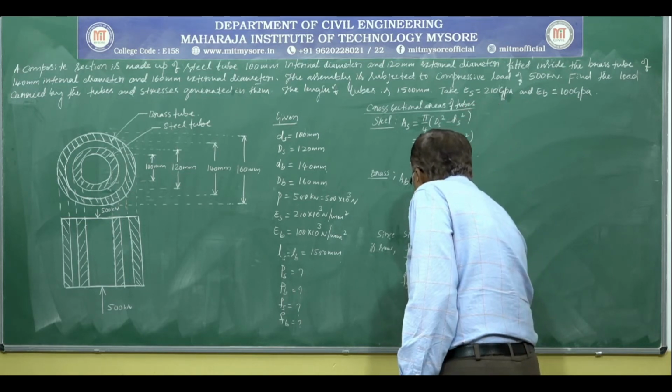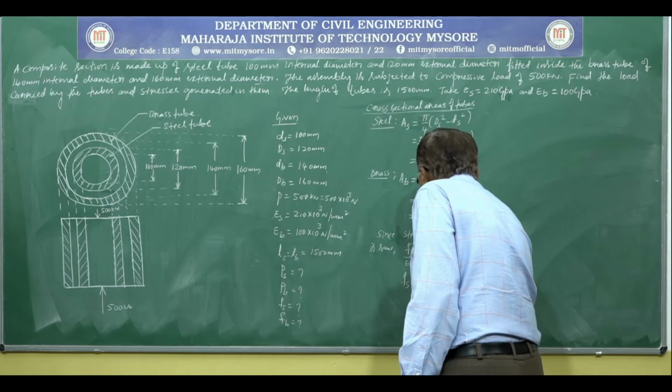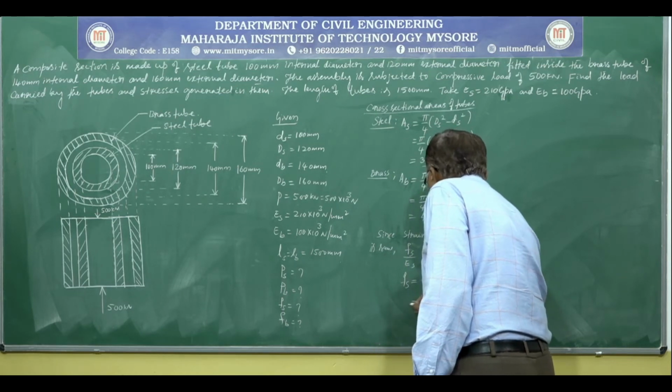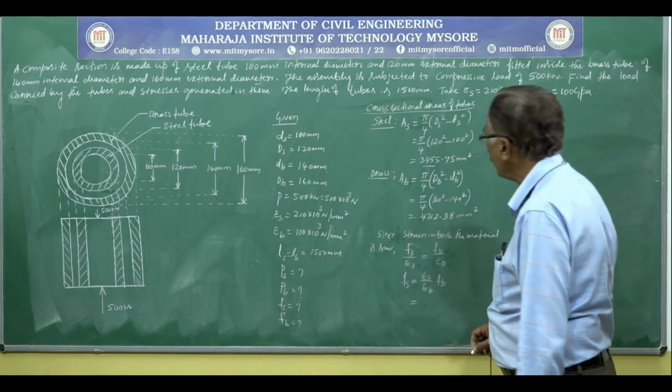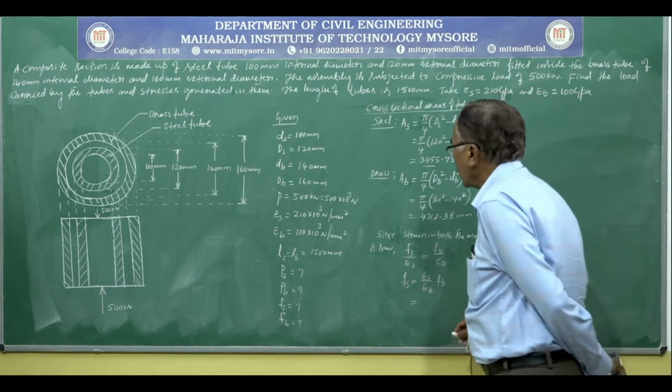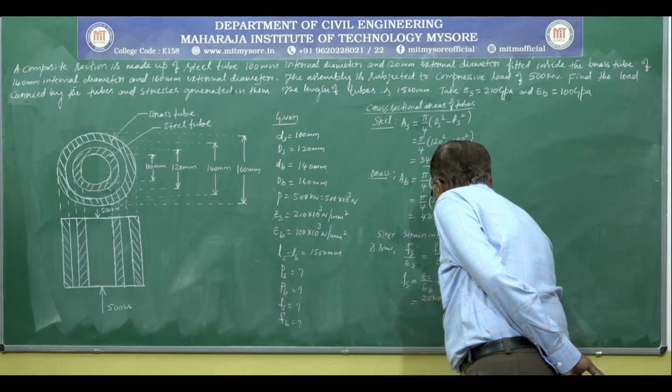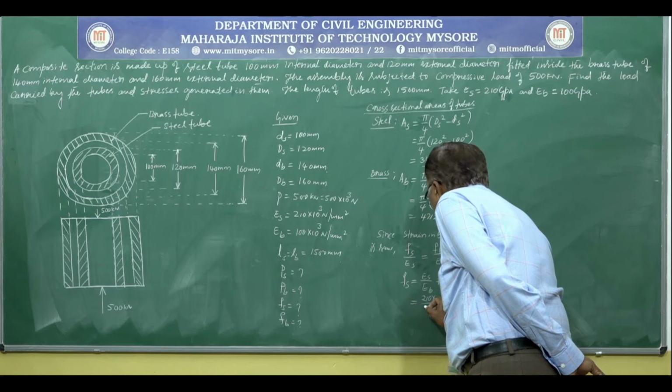Therefore, fs is equal to Es by Eb into fb, that is equal to 210 into 10 power 3 divided by 100 into 10 power 3.